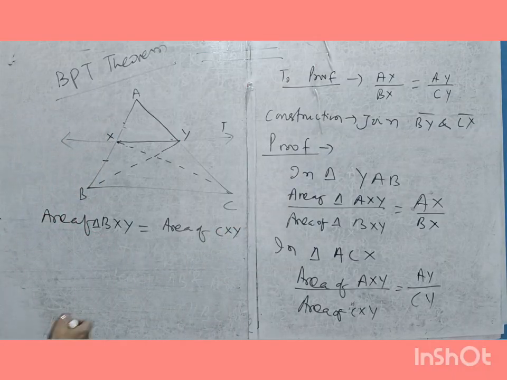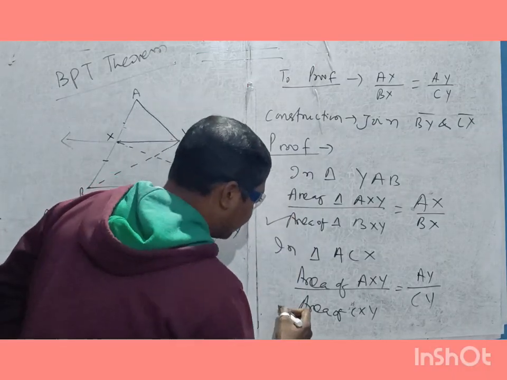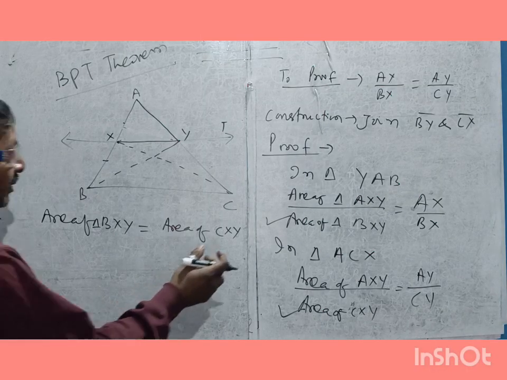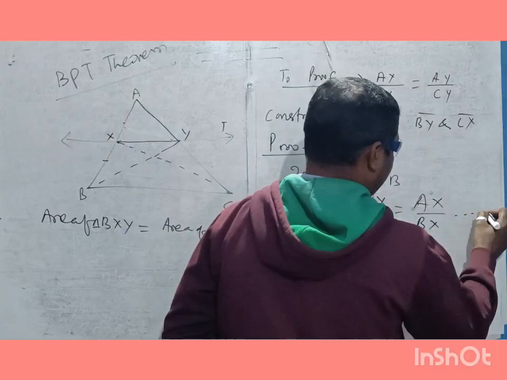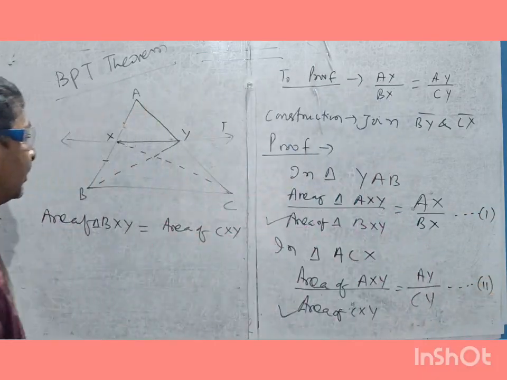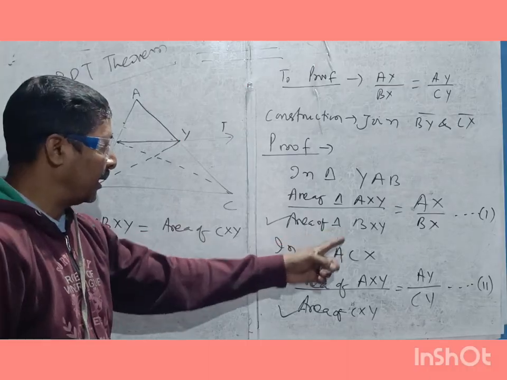Okay. So area of BXY and area of CXY are same. Okay. So I can write here, suppose this is equation 1. This is equation 2. In place of BXY, I can write CXY.